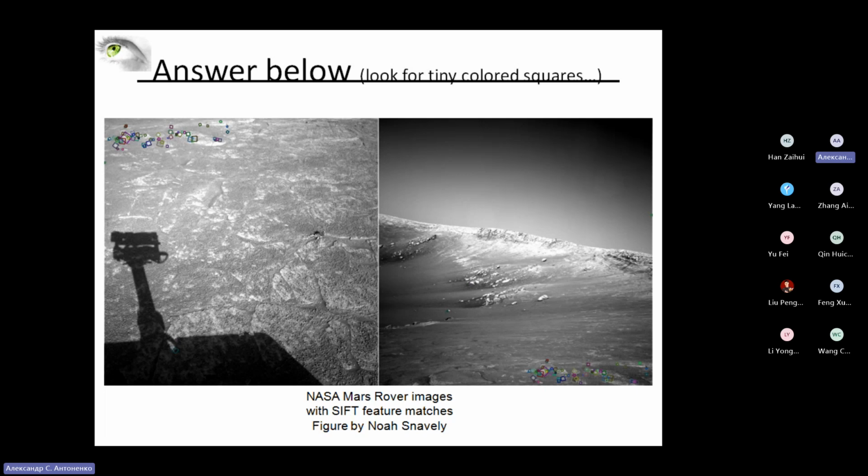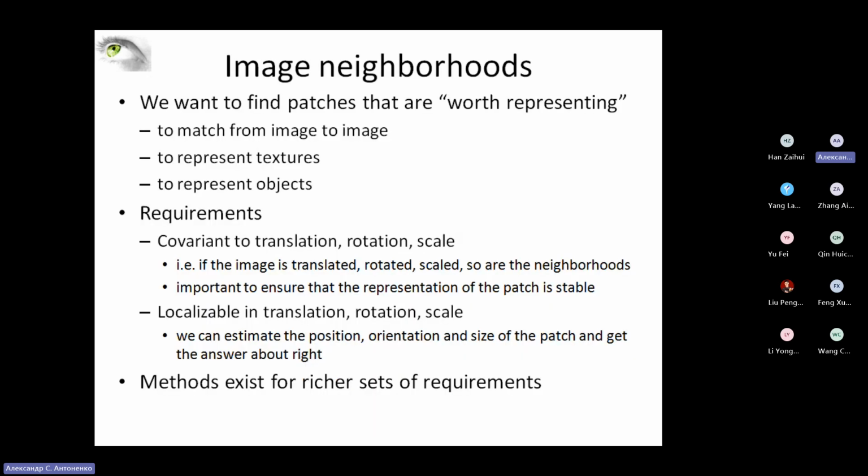So we need some algorithm that can detect something similar in our pictures. So detect some features. We can use these features to match from image to image, to represent some objects. And what is the requirement for these local features? They should be covariant to translation, rotation, and scale.